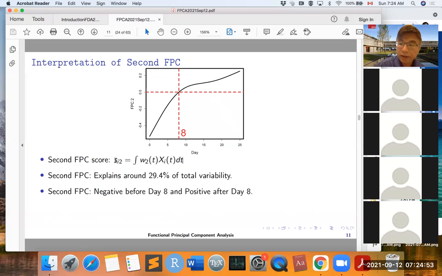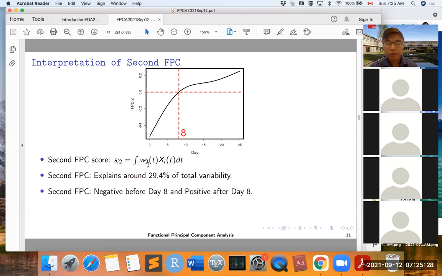Here, as I said, we can interpret the second FPC scores by looking at this formula, right? The formula is the same. The second FPC score is still the integral of X_i(t) multiplied by W2(t). So the second FPC score can be viewed as a weighted average, again, of X_i(t), and the weight is defined by the second FPC.